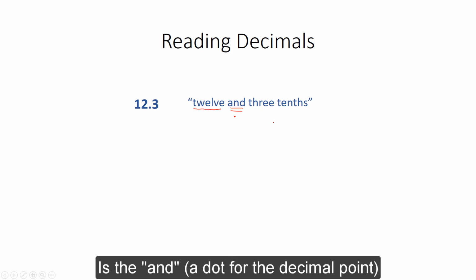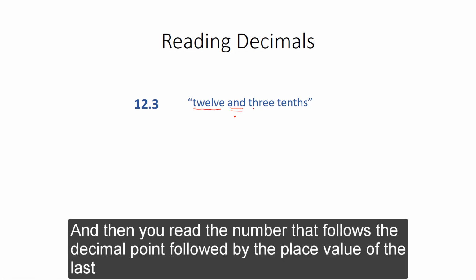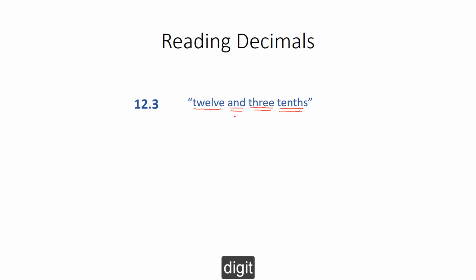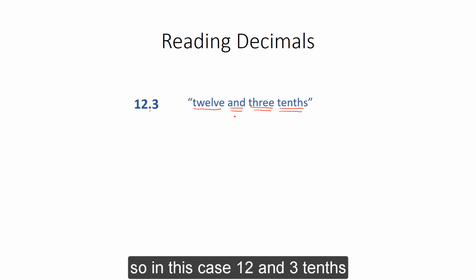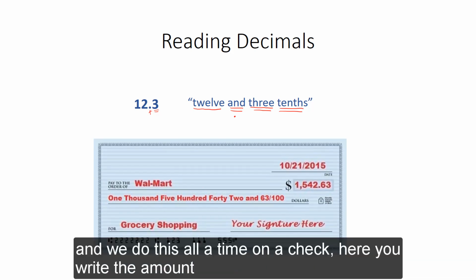I'll put a little dot there for the decimal point, and then you read the number that follows the decimal point, followed by the place value of the last digit. So in this case, 12 is the whole, and this is in the tenths position, so it would be 12 and 3/10.